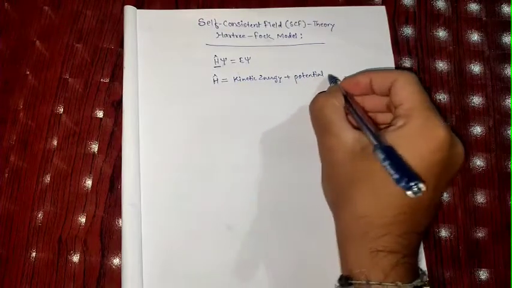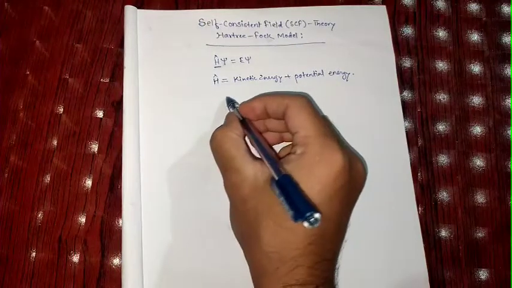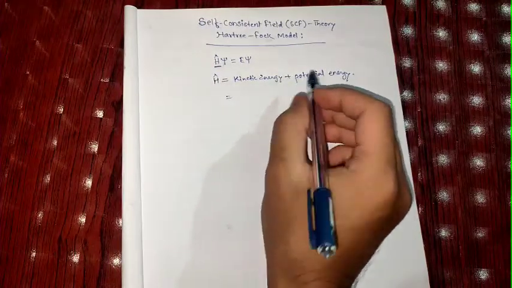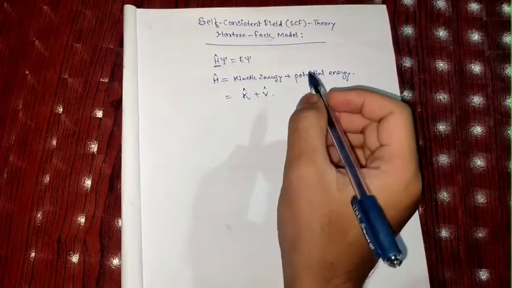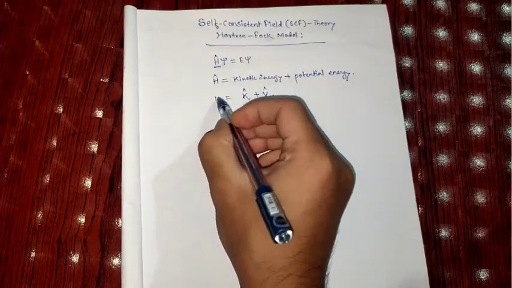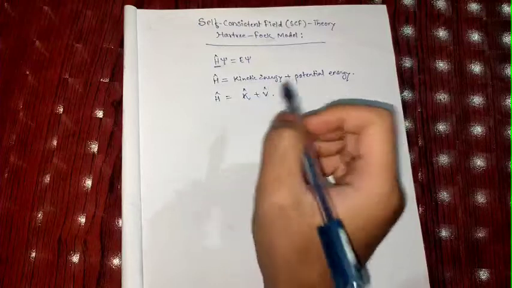So kinetic energy operator and potential energy operator, K cap plus V cap, gives you the complete Hamiltonian H cap.